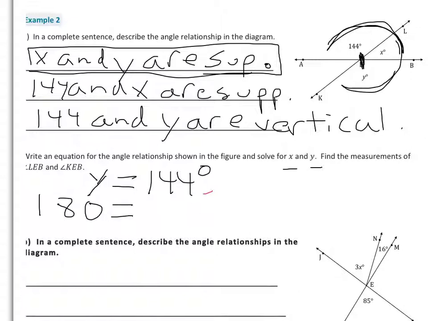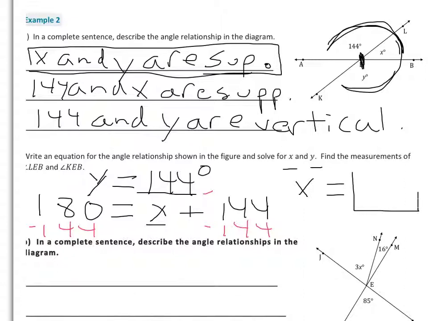But now I know that y is 144, so I'm just going to figure out x plus 144. So how do I solve for x? Well, just like we did so many months now, we just take away 144 from each side. And x would be the difference of 180 and 144.